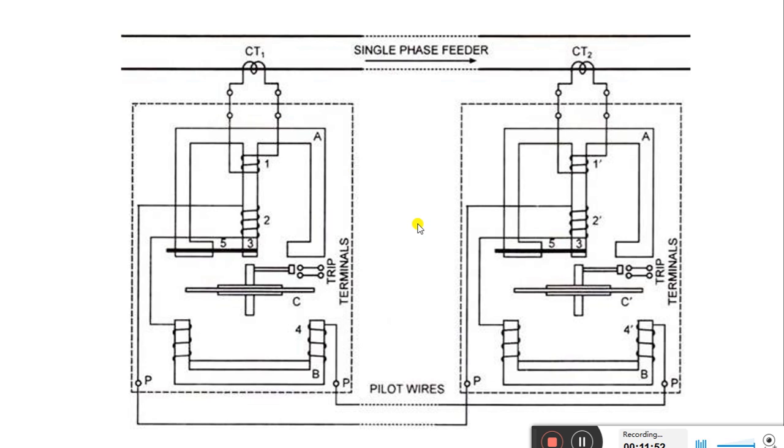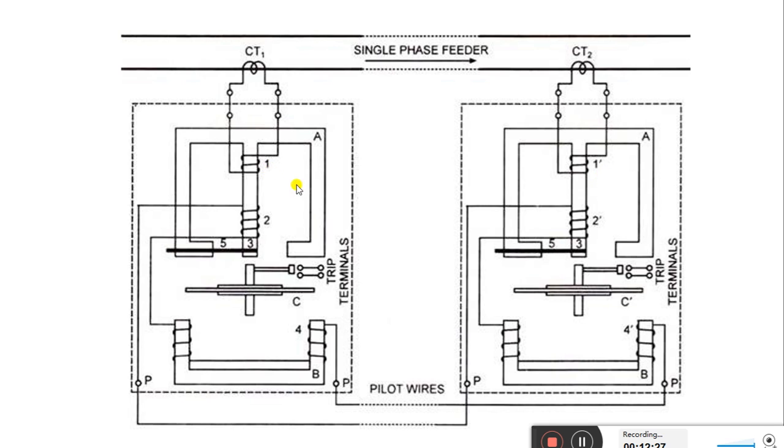So what is the effect of this? If there is any fault in the feeder, whether it is a single phase fault or a three phase fault. But here we are discussing only the single phase system, because we have shown a circuit for the single phase Translay system. So in the normal case, when there is no fault, CT1 and CT2 induce an EMF in the 1 and 1 dash coils.